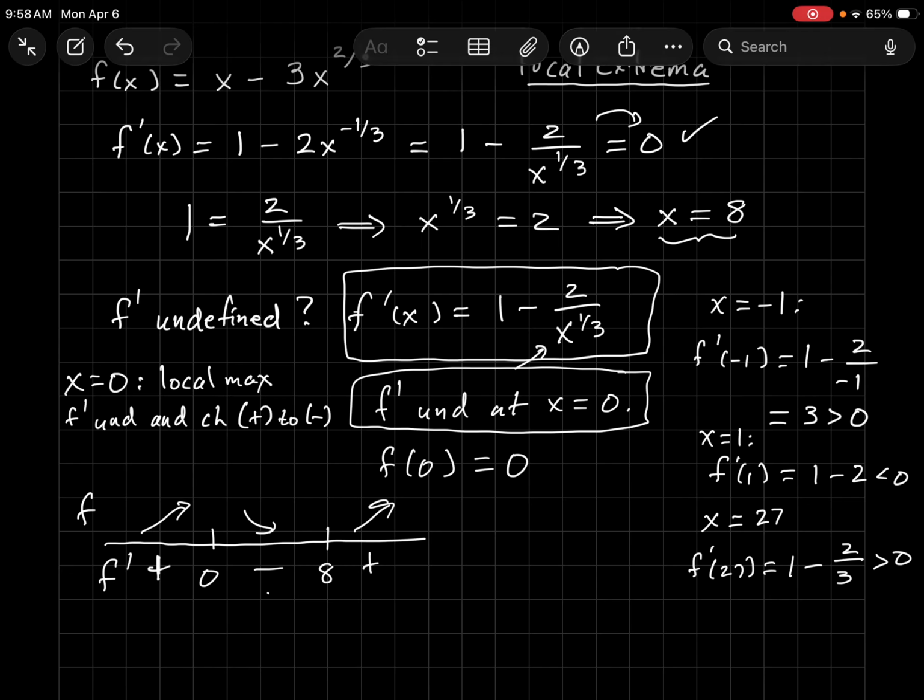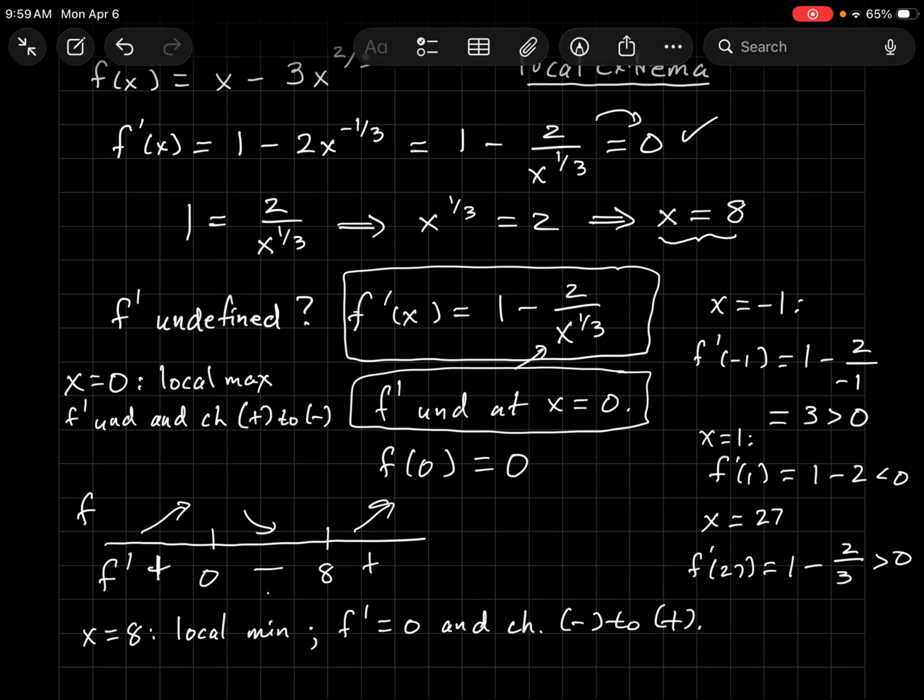And then at x equals 8, there is a local minimum. Why is that? Well, because f prime in this case equals 0, and f prime changes from negative to positive. So we found our critical points and justified them.